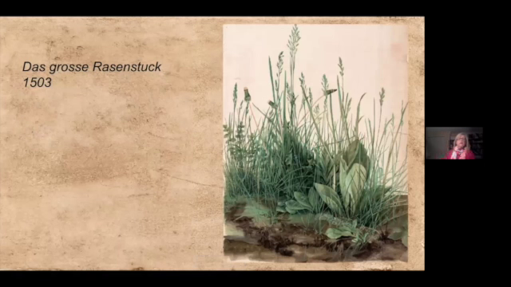And another one by Albrecht Durer, Das Grossrasenstück, probably not my best German accent, but translated, this is called The Big Tuft of Lawn, or the big piece of lawn. And that's exactly what you see when you look at it. It looks like this could be in your lawn, but it almost looks like a photograph to me.